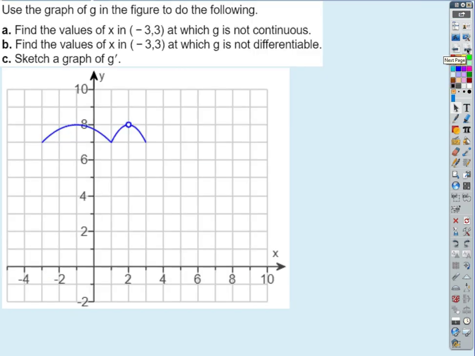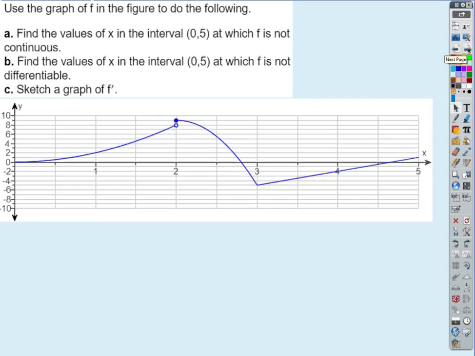Okay, how about, in fact, let's just skip up to that one, kind of the same question. So in the interval from 0 to 5, what are all the values of x at which f is not continuous? 2. Only 2, right? Everybody agree that's the only place I have to pick my pen off the board? Okay.